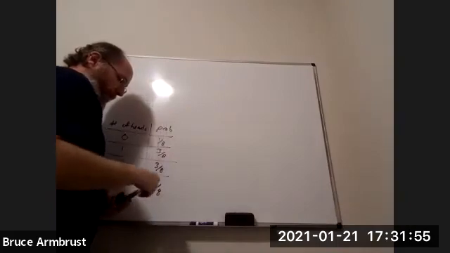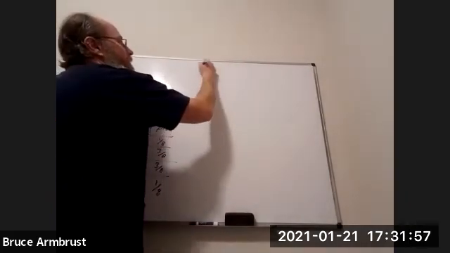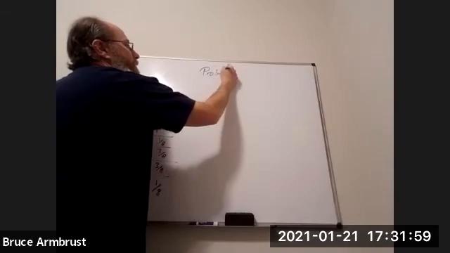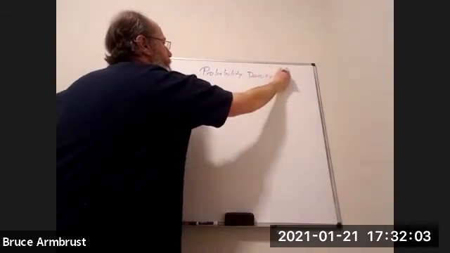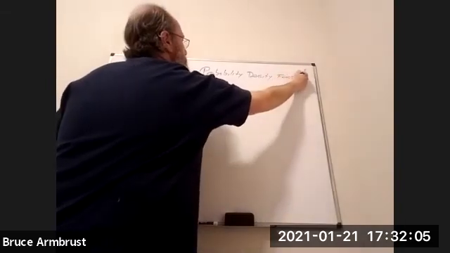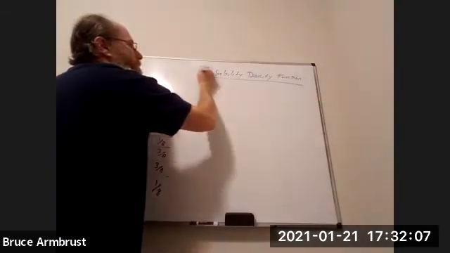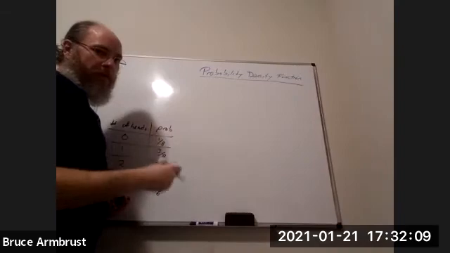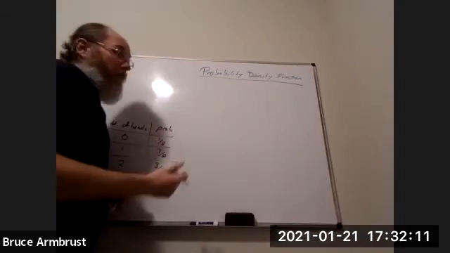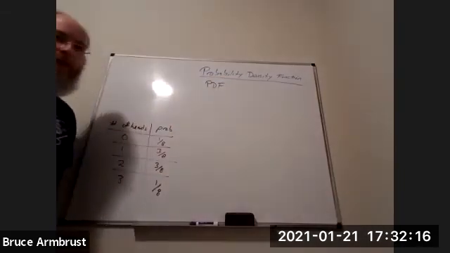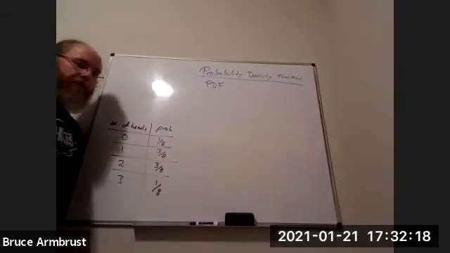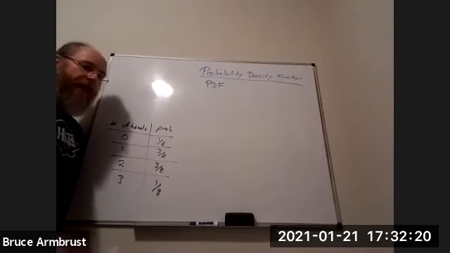Let me write this up here real quick. Probability density function is a mouthful, so what we'll usually write is PDF. In the context of stats class, PDF means probability density function.